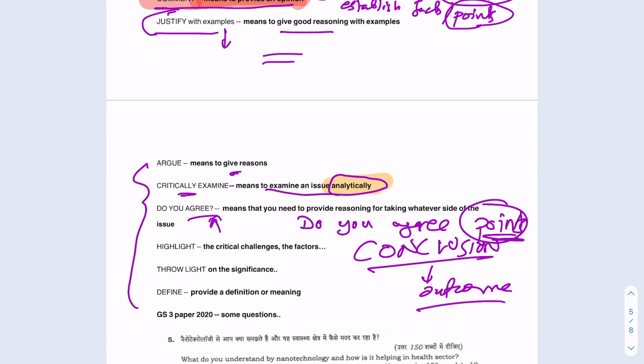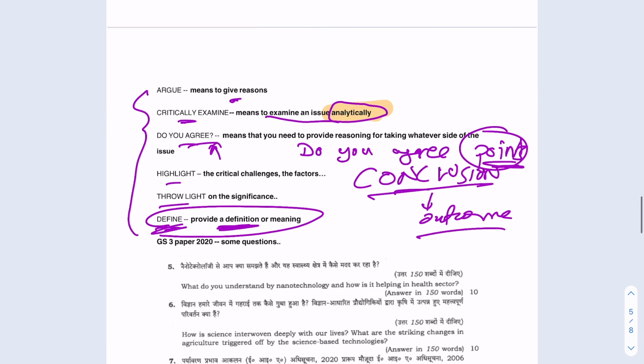Whatever analysis you've done through the answer, whether your conclusion is to agree or not to agree, you can provide that. Highlight, again the same thing. Throw light, again the same thing. Define is to provide explicitly some kind of a definition. So sometimes define will come, and in that you should define it clearly, provide the definition.